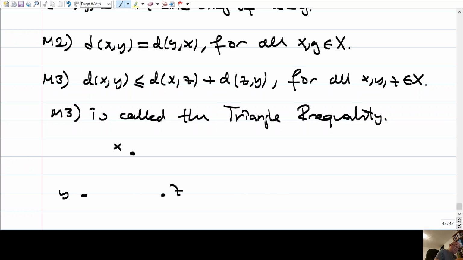And what this tells us is the following: distance from x to y is less than the distance from x to z plus the distance from y to z. This will be the real picture when I consider R2 as my metric space and d2 is the usual metric between these 2 points. But in general, I cannot draw you the picture of X because I don't know what X is, right?